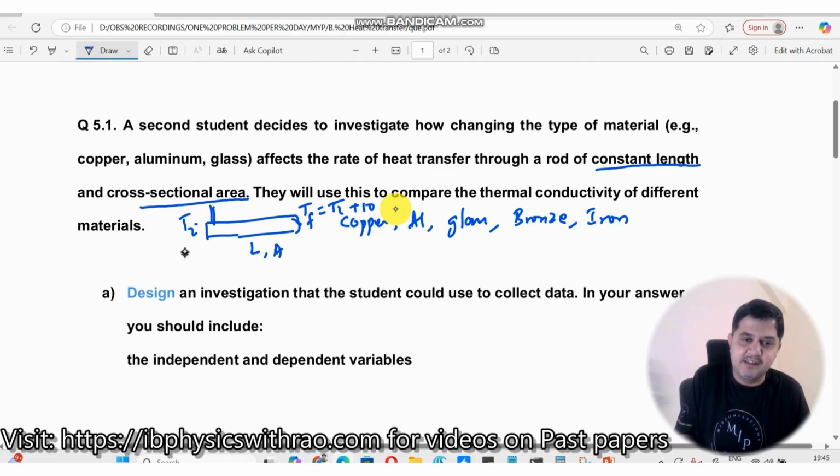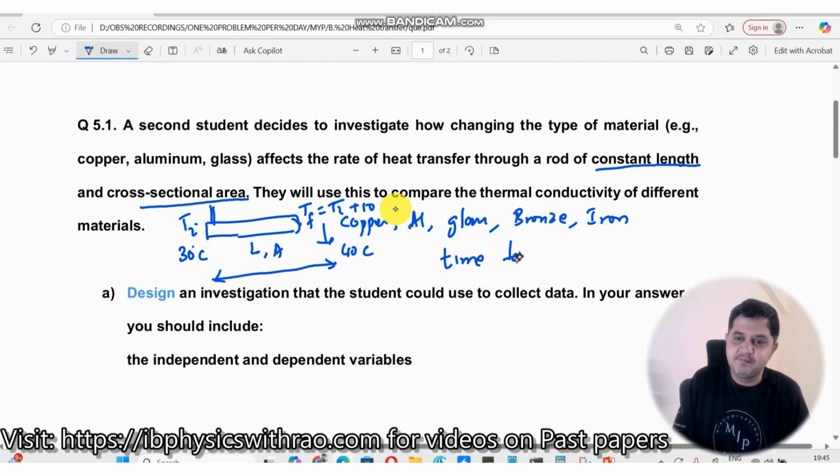If the initial temperature is 30 degrees centigrade, the room temperature, I then heat it until it becomes 40 degrees centigrade. And I'm going to compute the time for the heat to transfer from 30 to 40. What is the time?